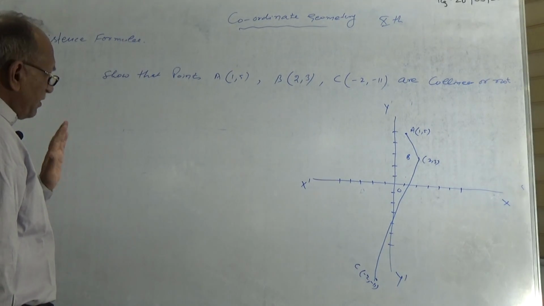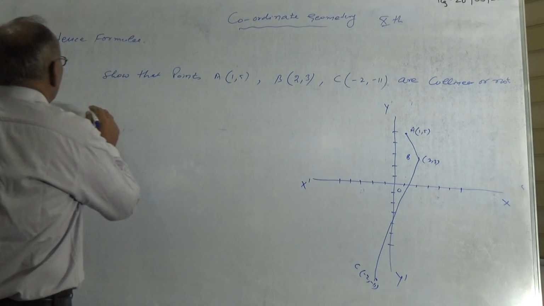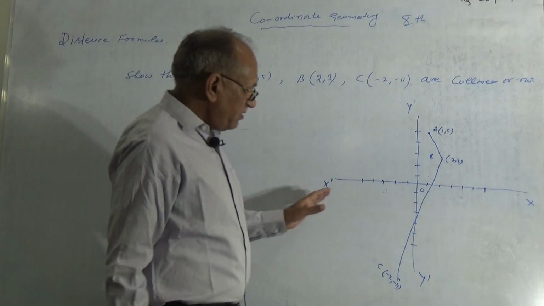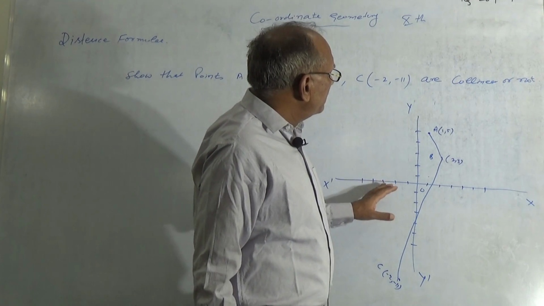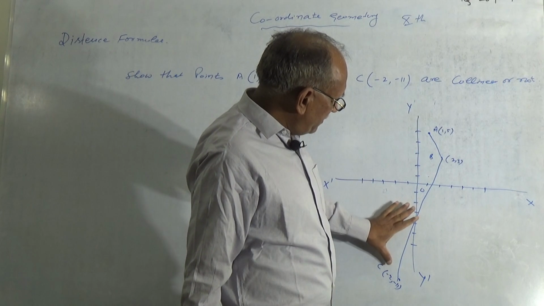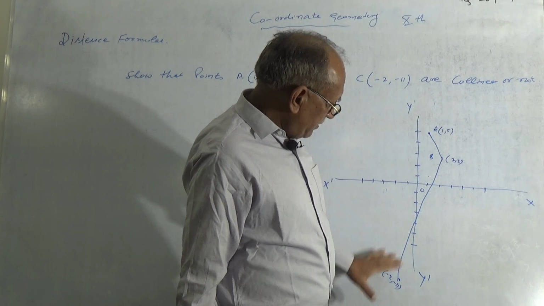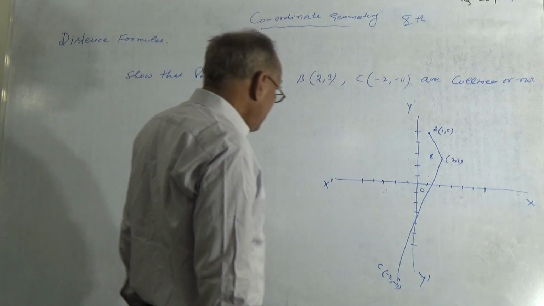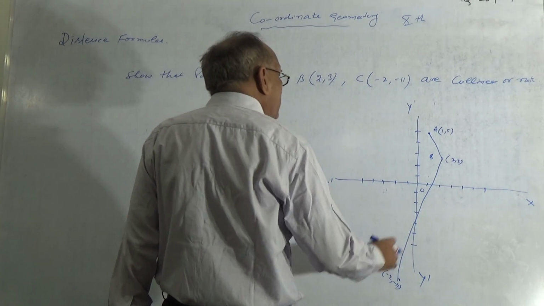In other words, we can also show it with the help of the distance formula by finding the values of AB, BC and AC. If the sum of AB and BC is equal to AC, then we can say these are collinear.